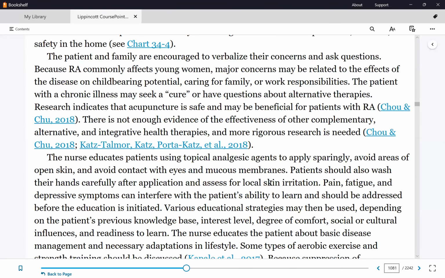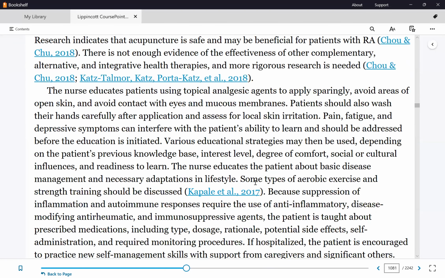Altering the environment, meaning the toilet seats, because they can't bend too low now. So toilet seats will be raised as a result. Grab bars will be installed in the bathroom and the shower. By the way, between the shower and the bath, what will be recommended for these patients?